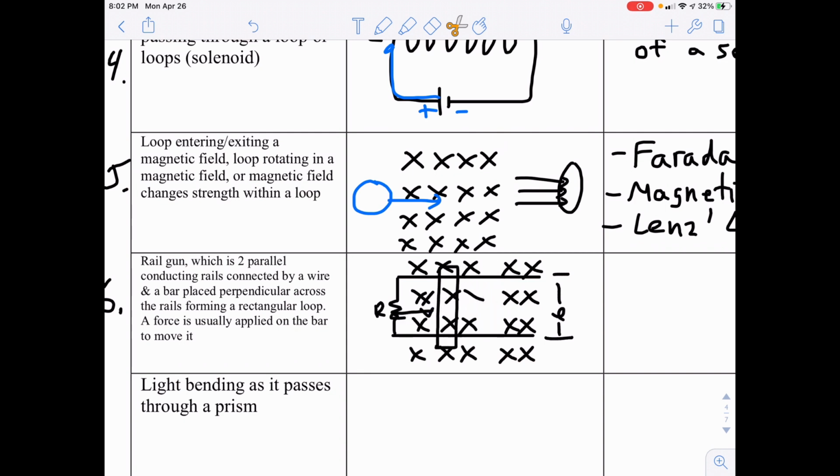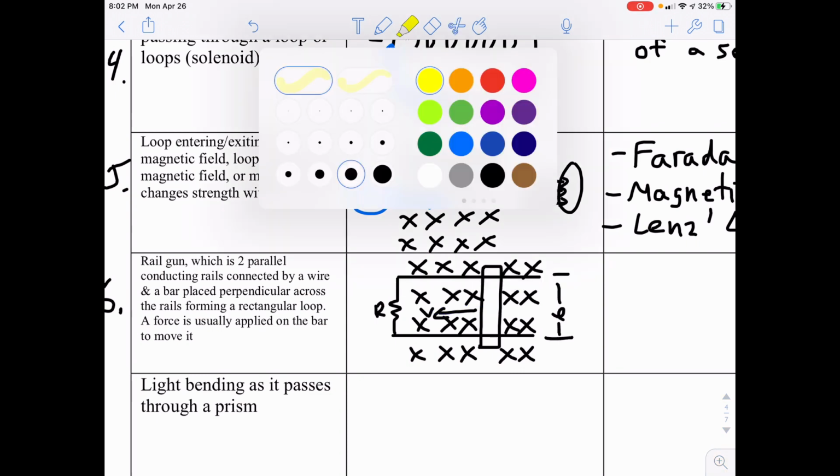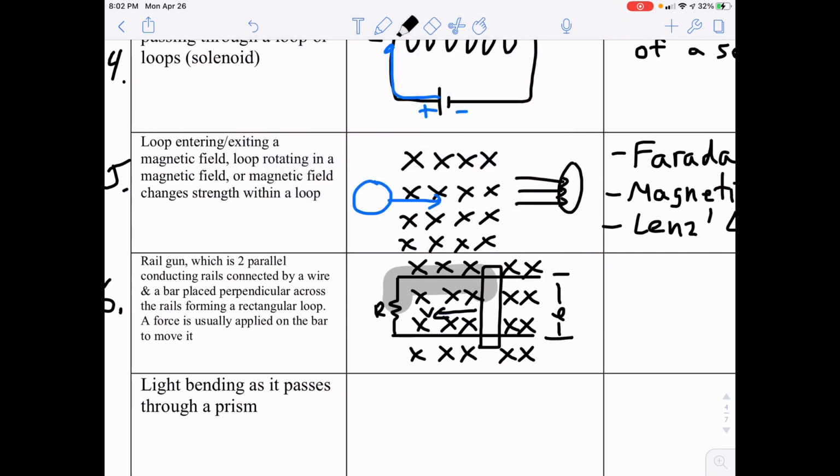So it could be forced like this. Now, if it's forced like this, you can see the loop that's being made. There's a circuit that's being made right here because the actual bar that passes over the rails completes the circuit.